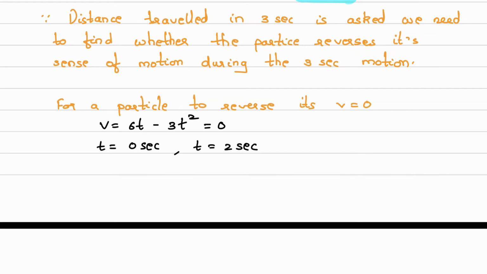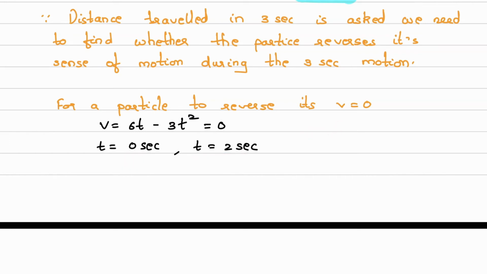So from here we can say the particle reverses its sense of motion. Why? Because the total time period is 3 seconds, we are starting at 0, and velocity becomes 0 at 2 seconds. So at 2 seconds, the sense of motion is reversing.